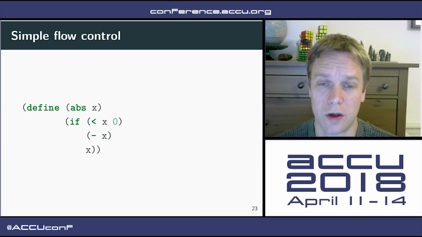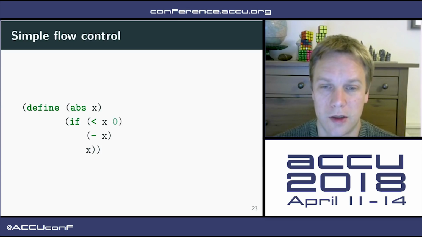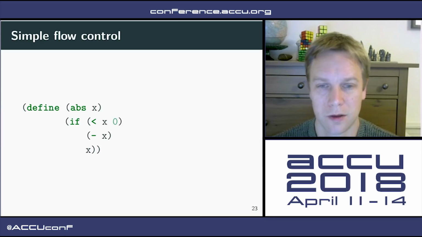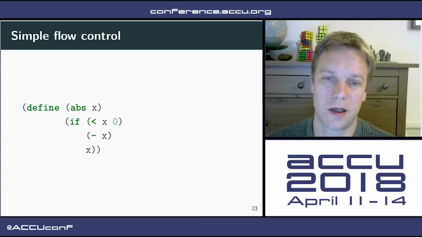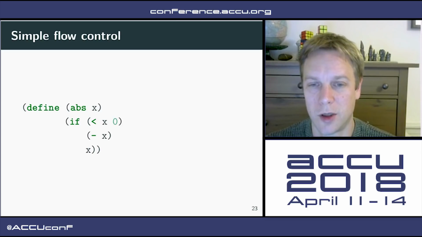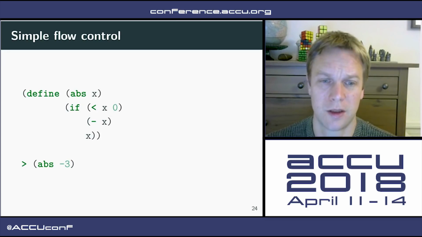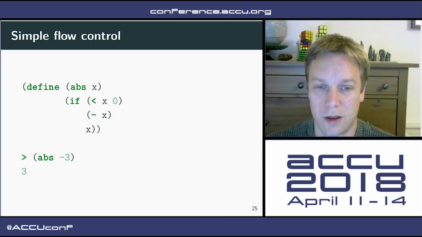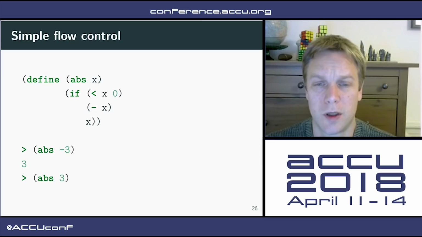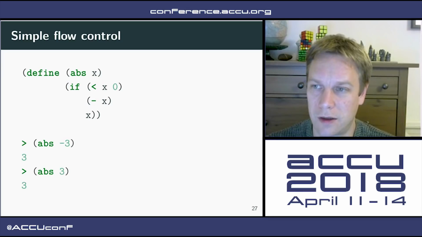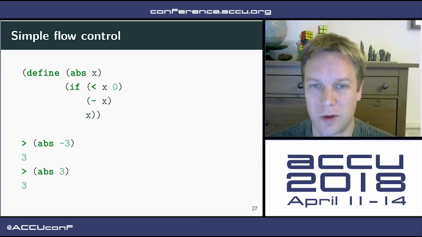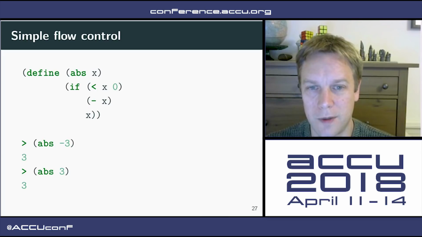If you give it just one argument, it just negates that argument. So that's how we're using it here. We're basically saying if x is less than 0, return minus x, otherwise return x. When we run this, if you pass in minus 3, you get out the answer 3, and if you pass in 3, you also get out the answer 3. So that's the abs function working as you'd expect, and that's how we defined it.